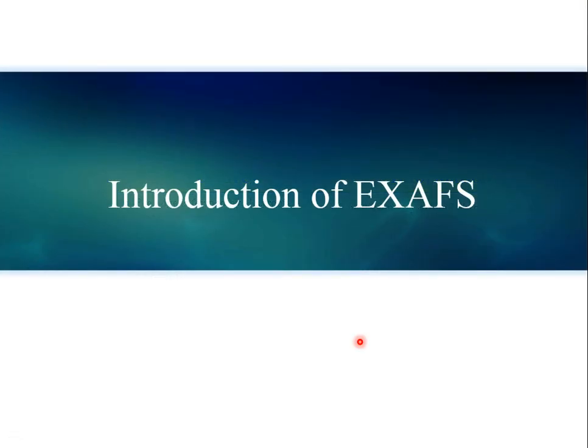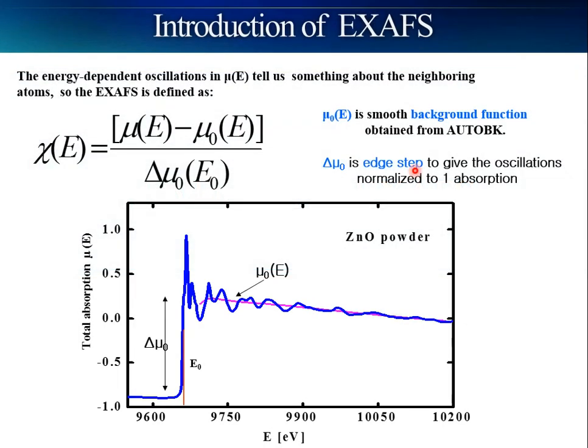Okay, the final step in this lecture is the introduction of EXAFS. The EXAFS gives us the information of the local structural properties, and it is extracted from the XAFS. The EXAFS is defined by this formula, as I explained before.